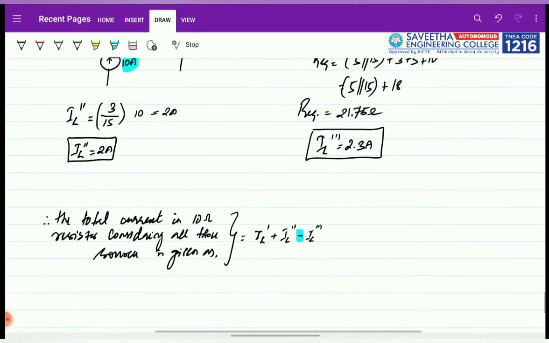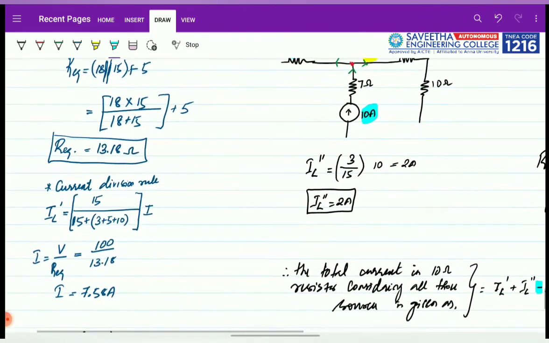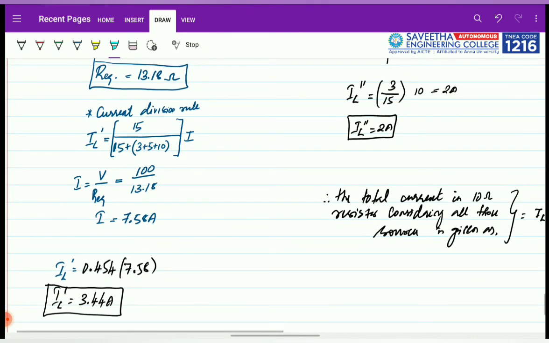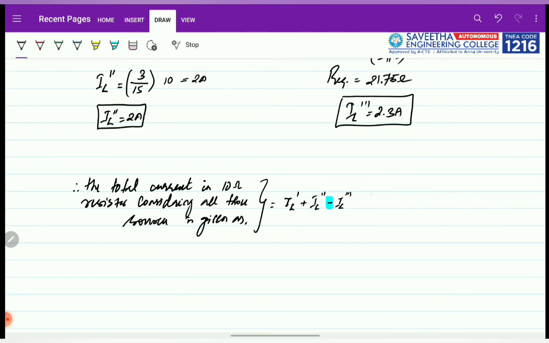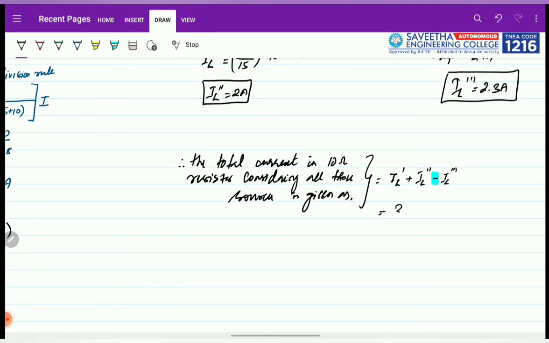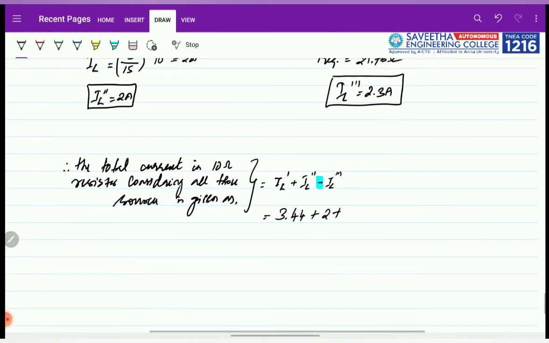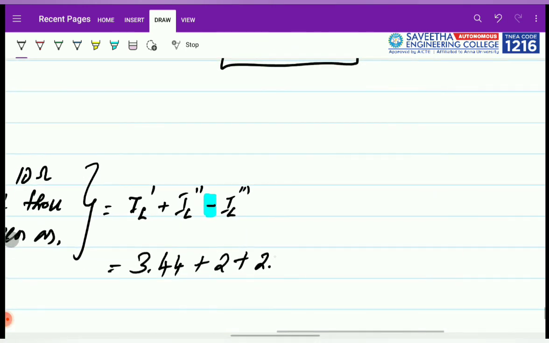So let us now see the values, the first one is 3.44, then 2 and 2.3. So we will write it as 3.44 plus 2, and then, sorry, it's not plus, consider it as minus 2.3.